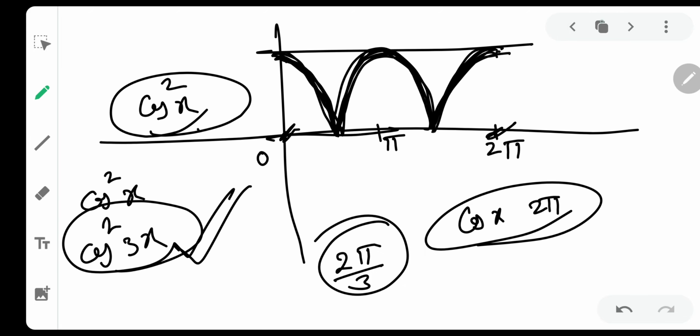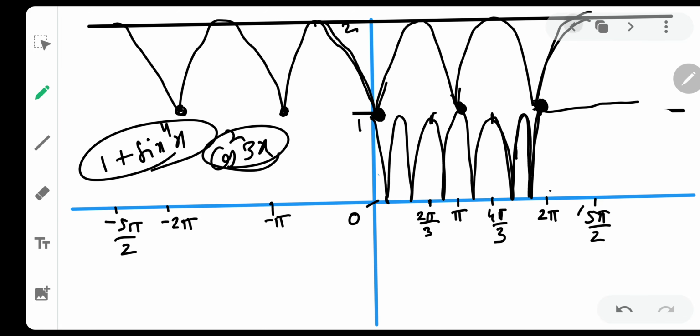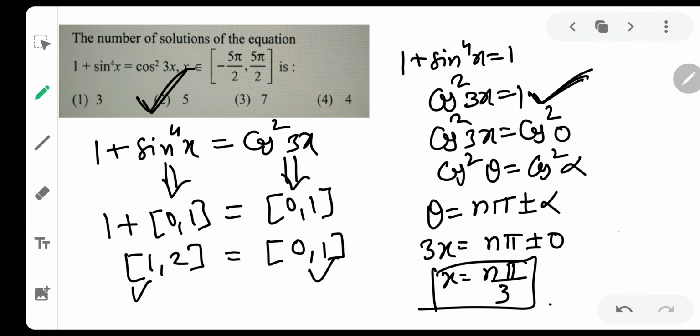Let us go back and check what was it. Cos square 3x is equal to 1, so cos square 3x is equal to cos square 0, and cos square theta equal to cos square alpha, so theta will be equal to n pi plus minus alpha. Very good. So 3x is equal to n pi plus minus 0, so x will be equal to n pi by 3.